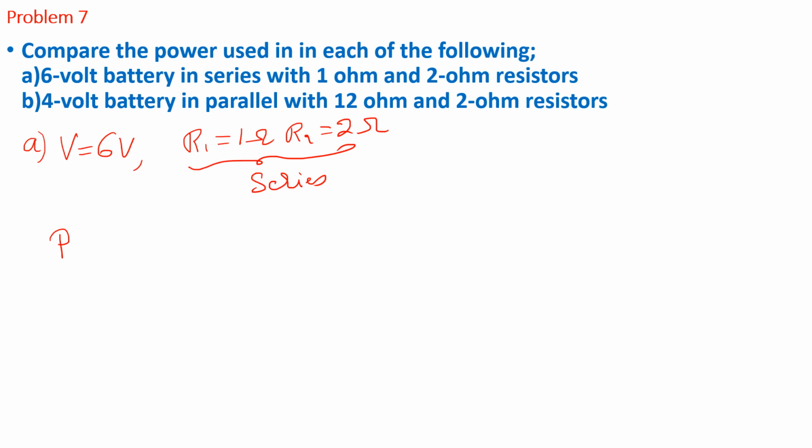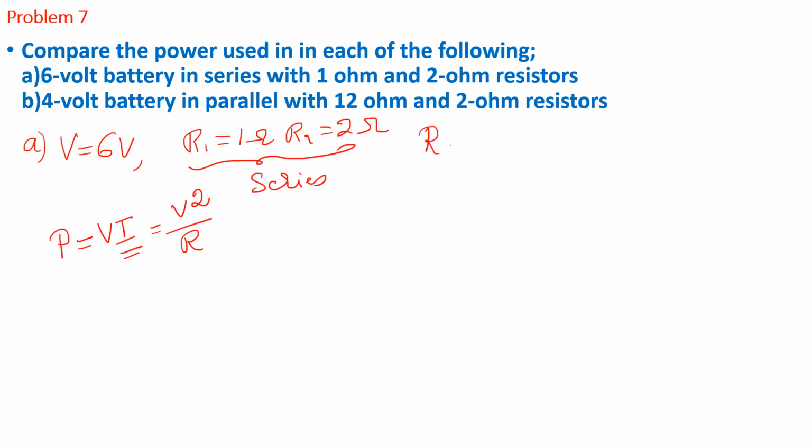The actual formula for power is V into I, but I is not given. We can find I and then substitute the value, but instead there is a formula for I, that is V by R. So in place of I, we substitute V by R, and we end up getting the formula for power as V squared by R. But R we don't have, though we can calculate it, as both are connected in series.